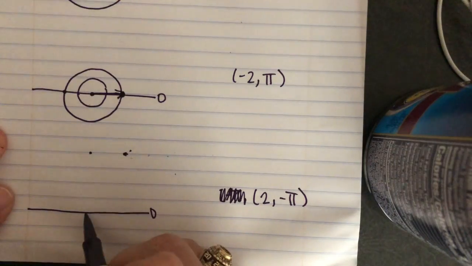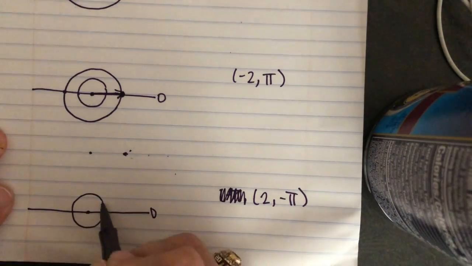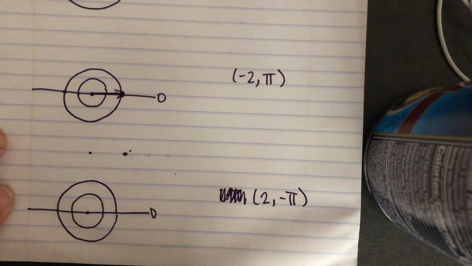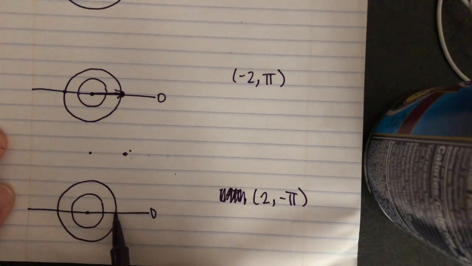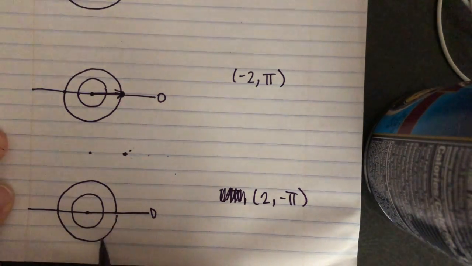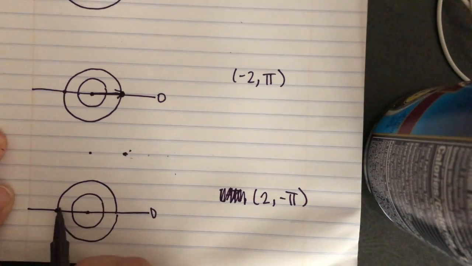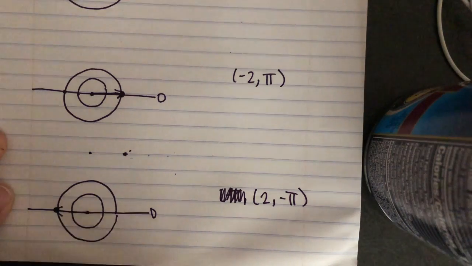Lastly, I start at my origin and I draw 2 circles, and my magnitude is 2, so 1, 2, and then my theta is -pi, so I travel -pi radians to right here, and that would be where my point is, right here.